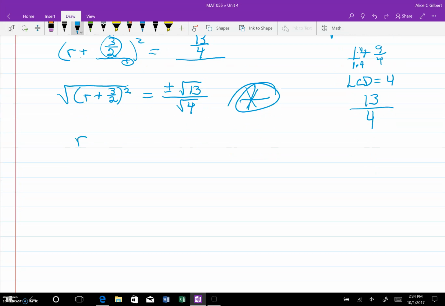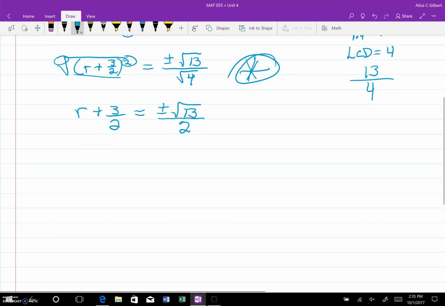So now this and this match, so this falls out as my answer. So r plus 3/2 equals plus or minus the square root of 13 over the square root of 4. Well, I can't do anything with the square root of 13, but I can do something with the square root of 4. That's 2. Now, I look at the right side. There is not anything more I can do with it. So now I can go ahead and subtract this guy and bring him over here.